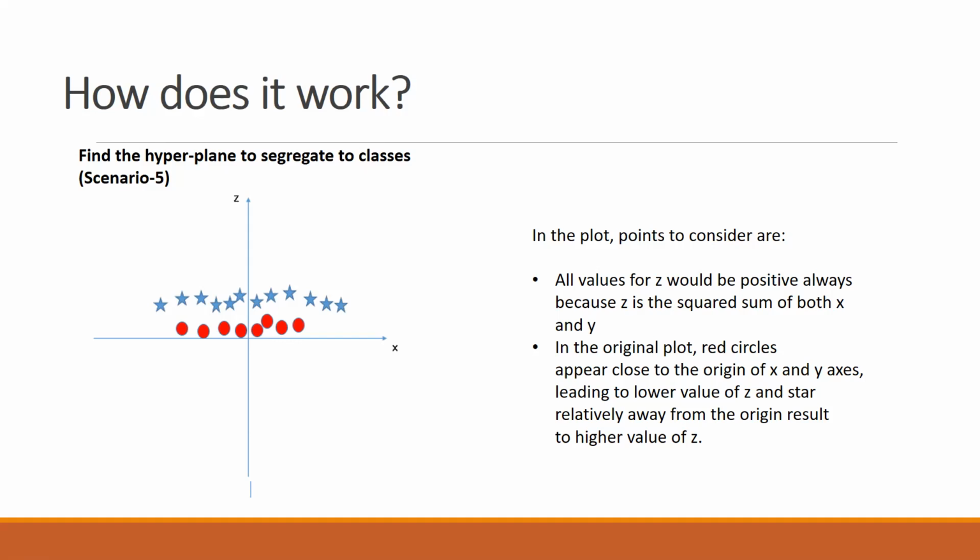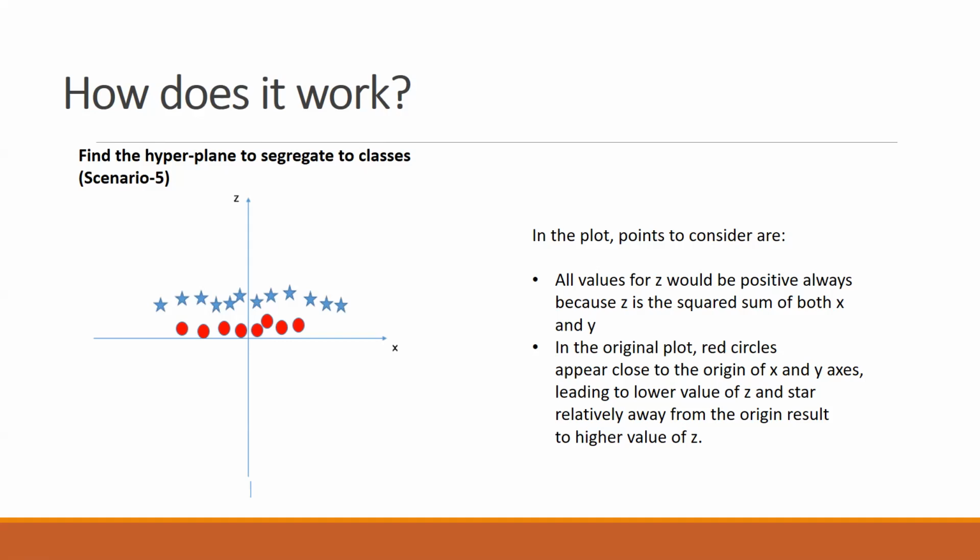No. The SVM algorithm has a technique called the kernel trick. The SVM kernel is a function that takes a low-dimensional input space and transforms it to a higher dimensional space. It converts a non-separable problem to a separable problem. It is mostly useful in nonlinear separation problems.